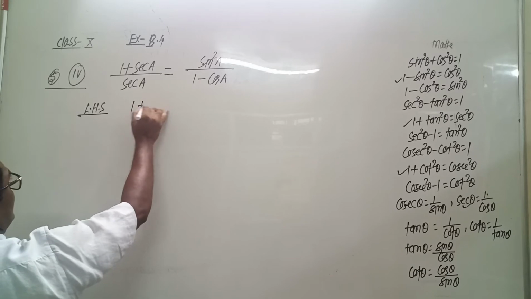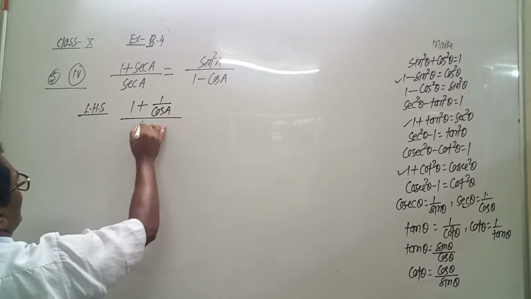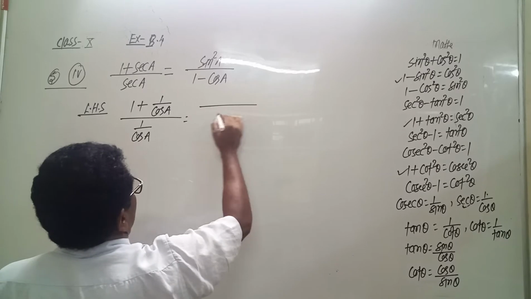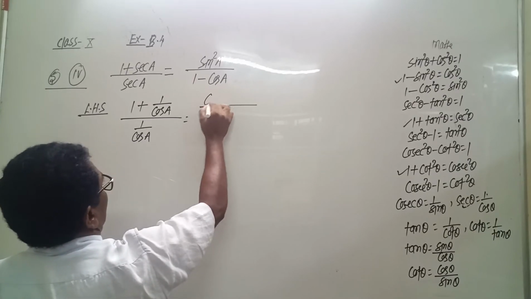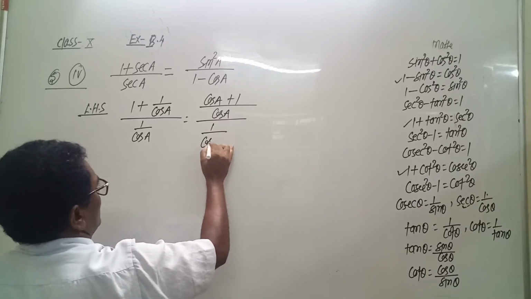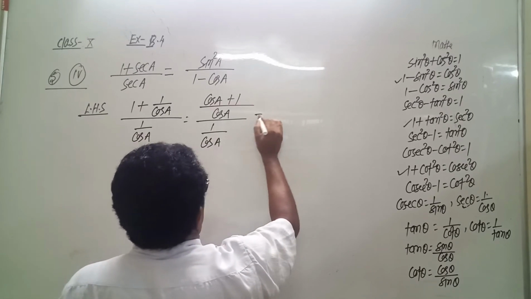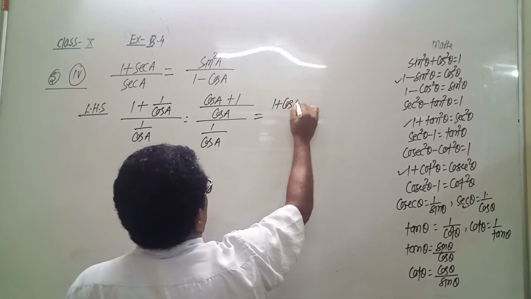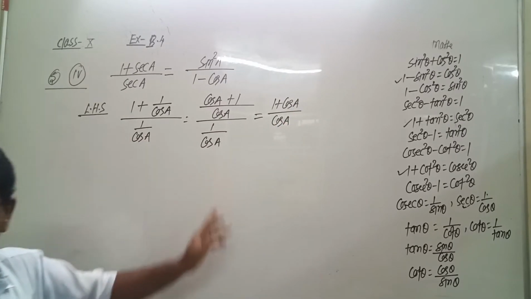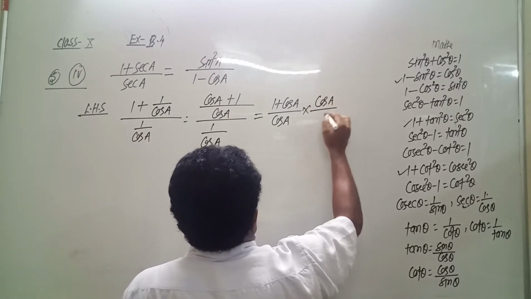LHS: 1 plus sec A, where sec A is written as 1 by cos A. Then taking LCM cos A, we get (cos A plus 1) upon cos A, upon 1 by cos A. Now write the term in multiple form: (1 plus cos A) upon cos A times the reciprocal, cos A upon 1.